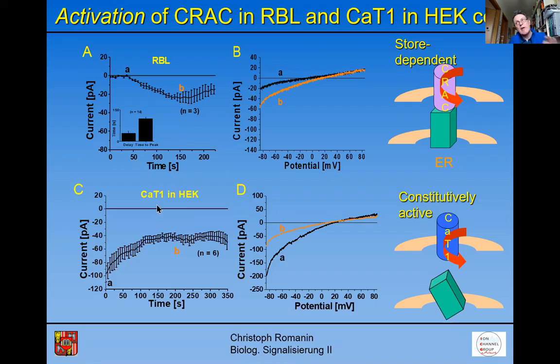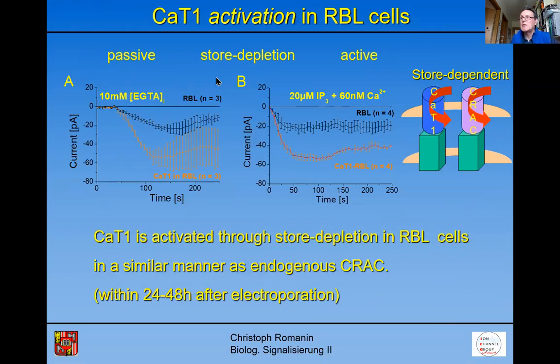What happens when we express CAT1 in these RBL mast cells? And that can be seen here. And that's a very, very different behavior, and a very nice change in a way. You can see here in black, this is passive store depletion by EGTA. This is active store depletion by IP3.